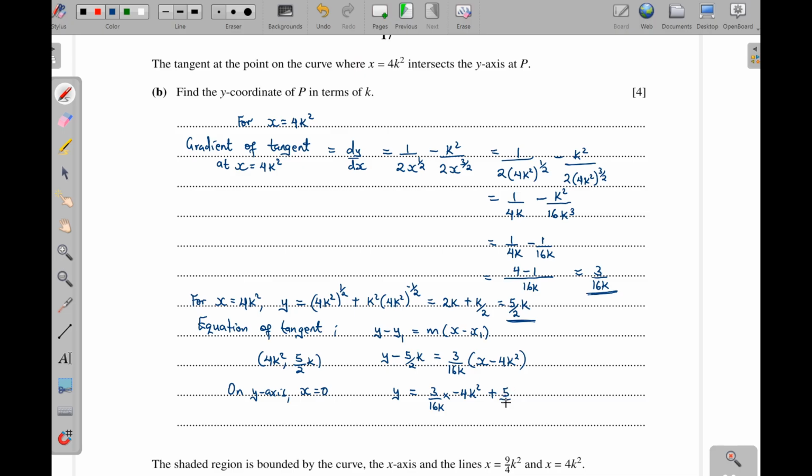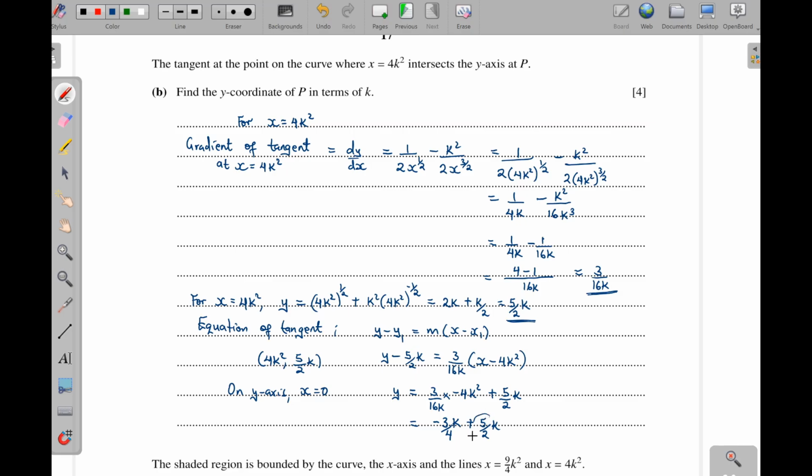So that will be 5 over 2 of the k. What do we get here? 4 can go here 4 times, not so? So we shall get negative 3 over 4. You see, negative 3 over 4. Then this guy will go here. We'll reduce that by 1. So negative 3 over 4 of k, then plus 5 over 2 of k.